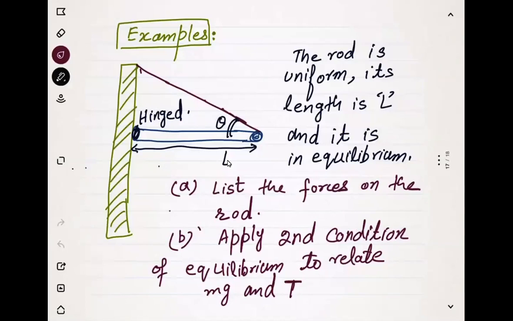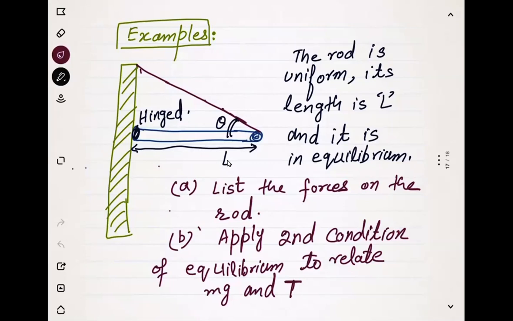The first part is to list all the forces. The second part is to apply the second condition of equilibrium to relate mg and T. Here the pivot is not mentioned.